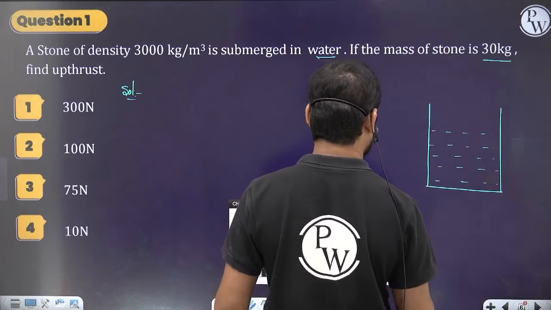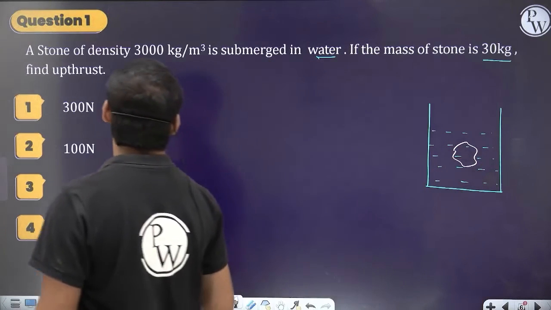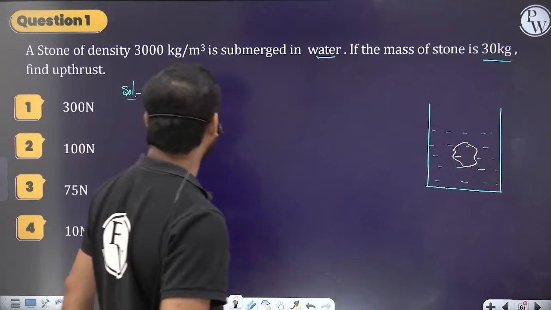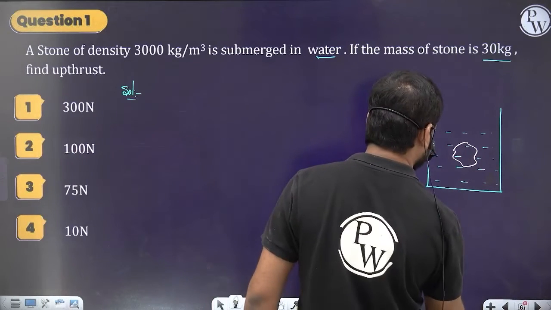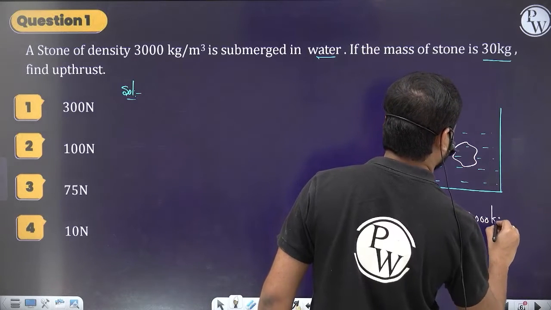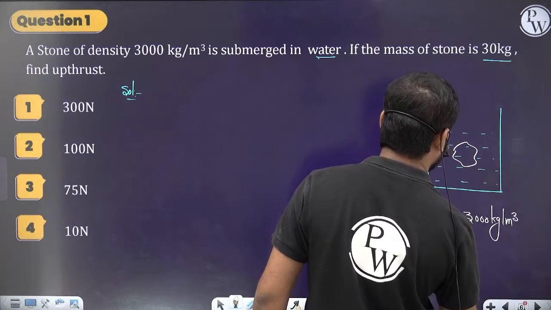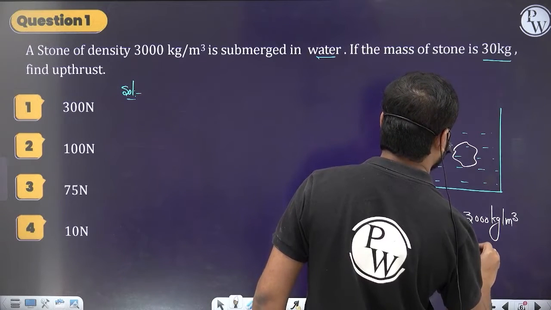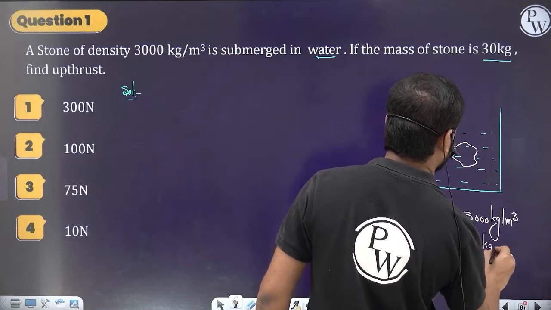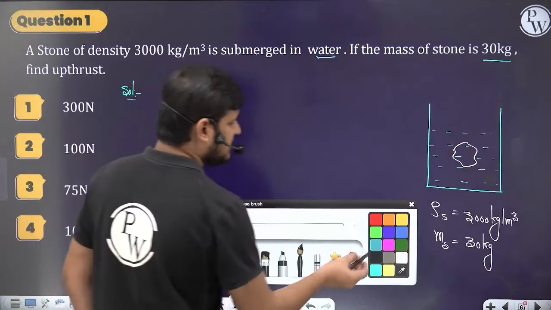The density of the stone is 3000 kg per meter cube, and the mass of the stone is equal to 30 kg. This is given. Now they are asking for the upthrust.